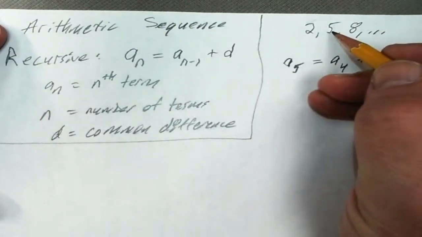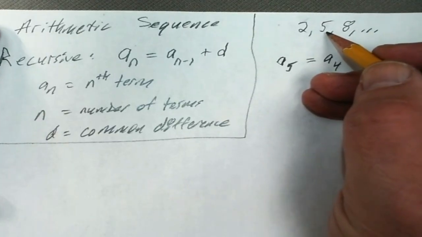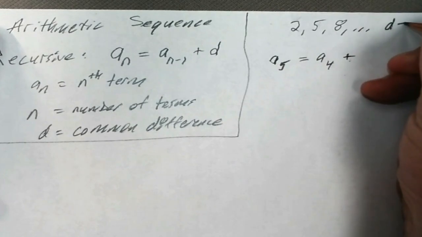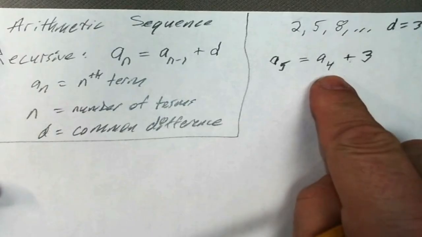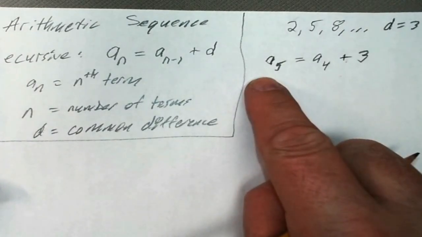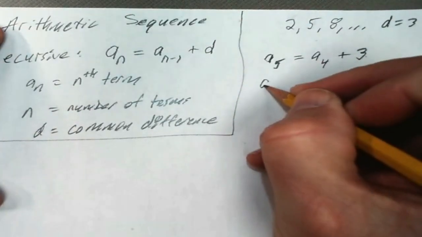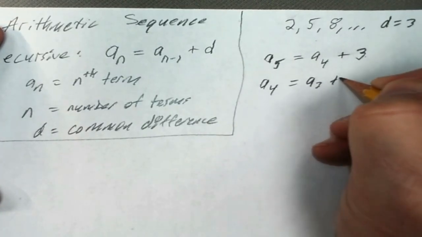We can find the common difference by subtracting backwards. 8 minus 5 is 3. 5 minus 2 is 3. So in this sequence, D equals 3. If I take the fourth term and I add 3 to it, that'll give me the fifth term. But the problem is I don't even know the fourth term in here. So I have to find the fourth term by taking the third term and adding 3.